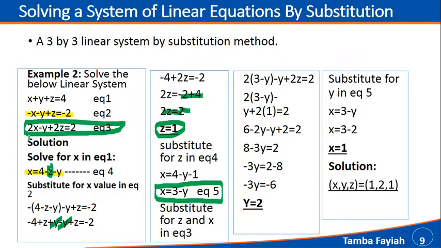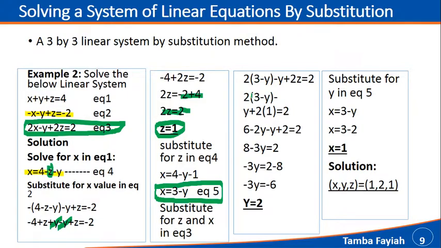In equation 3, I'm going to substitute this value of x, and I will also substitute the value of z. Doing that, since it is 2x, I will get 2 times 3 minus y, which is the value of x, minus y still remains, plus 2 times z.